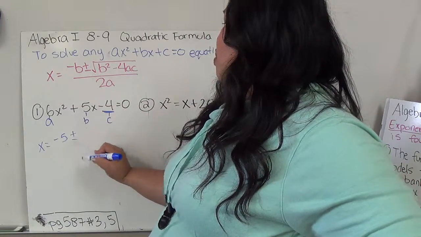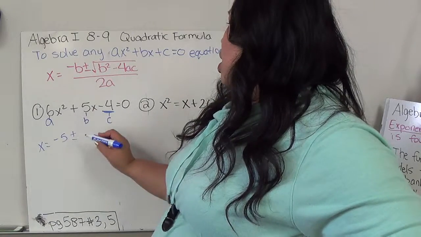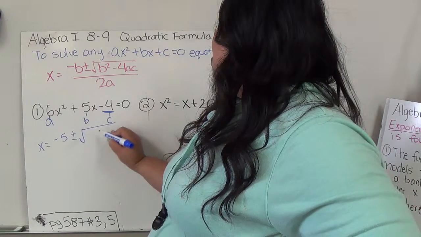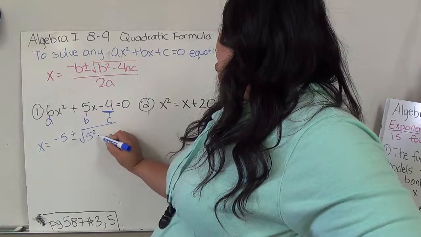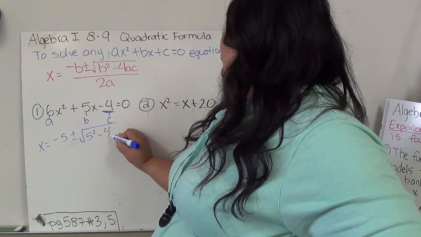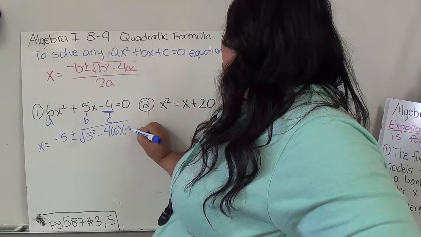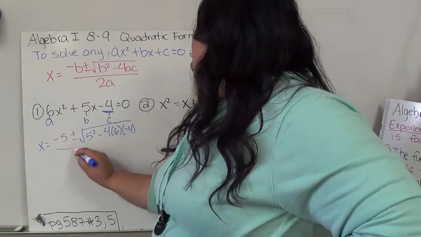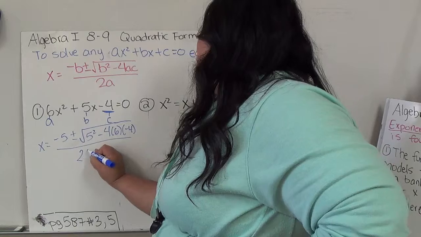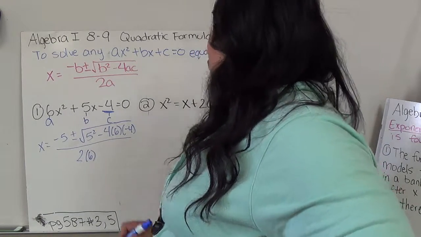But this is a positive, so it's negative 5. Then square root of b squared, which is 5 squared, minus 4 times a, which is 6, times c, which is negative 4, all over 2 times a, which is 6.